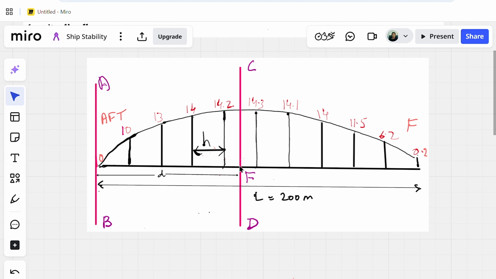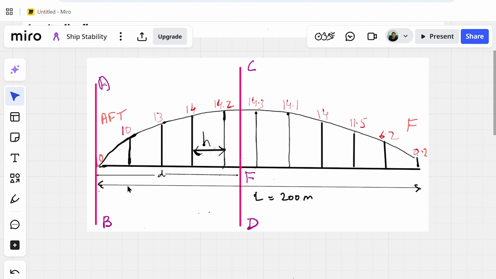For calculating BML, I need the longitudinal moment of inertia about this axis CD, which is passing through the center of flotation. But when we need to find moments, then we need levers. At the moment, we don't know the location of the center of flotation, so we cannot take moments about this axis.